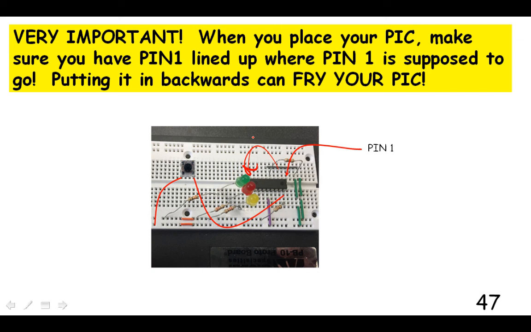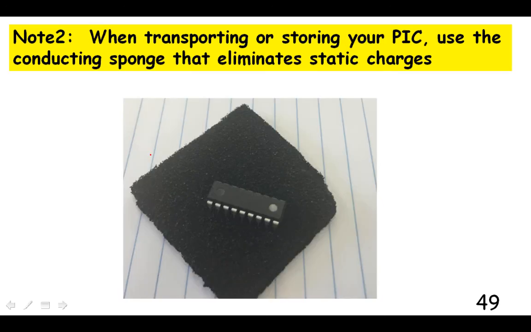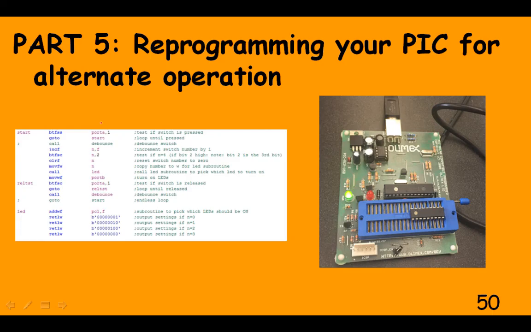So don't do that. Make sure that your pin 1 is always where it's supposed to be. The pins are highly susceptible to static electricity, so try not to touch any one of those pins, and be sure you don't have any static electricity on your hands. And if you're moving it around, put it on one of those. Okay. Alright, so you're going to verify that it works the way it is, and just observe that.